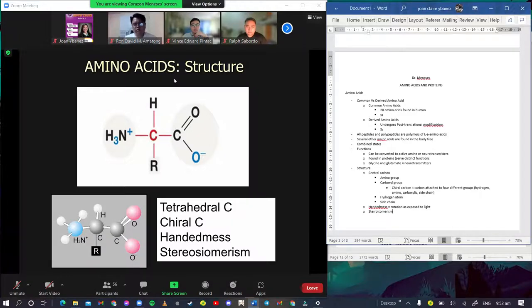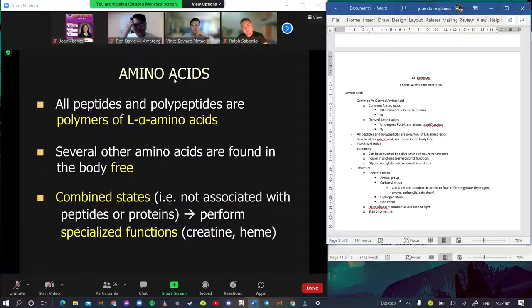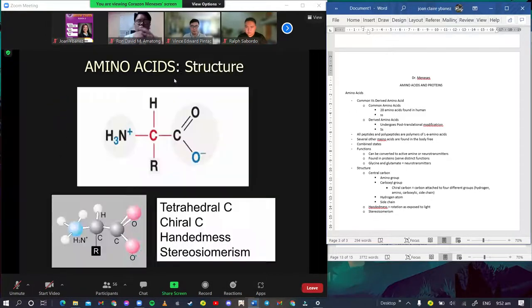Okay, we go back to this slide here. That one, the first bullet. Okay, go ahead. For stereoisomerism, Doc, as per my understanding, it is a form of isomerism in which you have the same molecular formula. However, you only differ in the 3-dimensional positioning of the atoms in your structural formula, Doc.